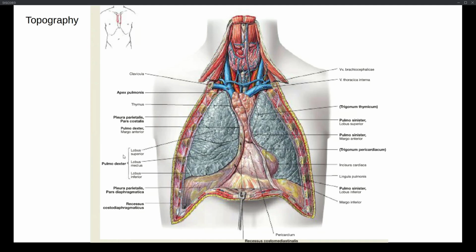Whenever you see something called pulmo, it's literally just the Latin term for lung. So we will come back to this picture in a bit. This is just to give you an overview.